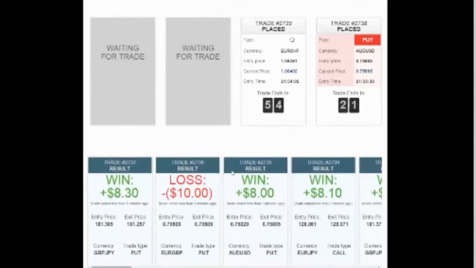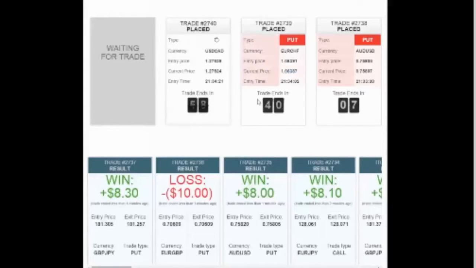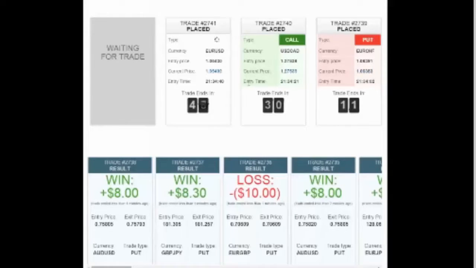Now, let's focus on the ongoing trades up at the top here. At the top level, you can see trades that Binary Boom is taking right now, as of this very second. Trades here are placed at this entry time, and you can see the entry price, the currency pair, and the type of the trade.